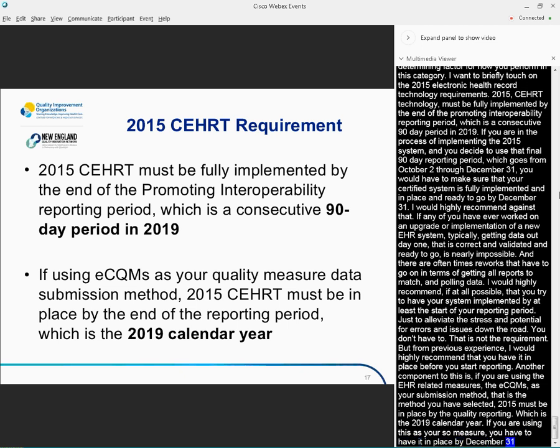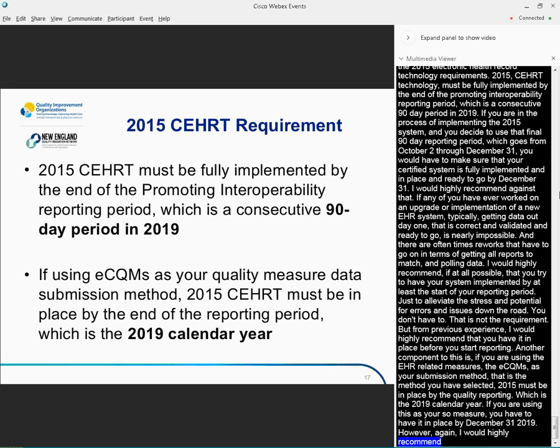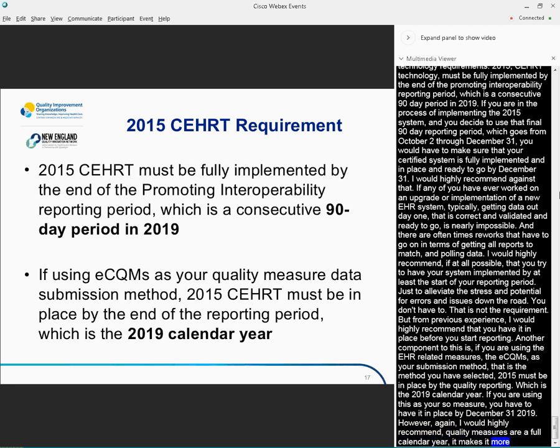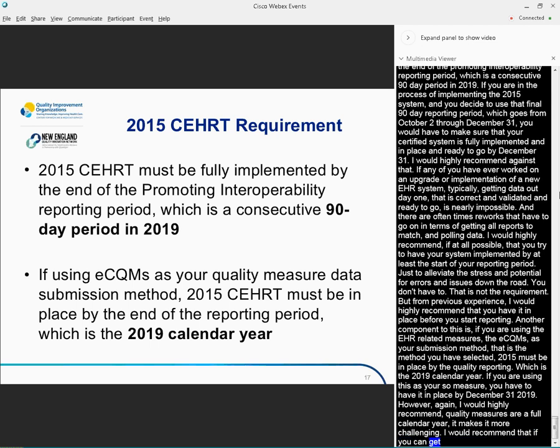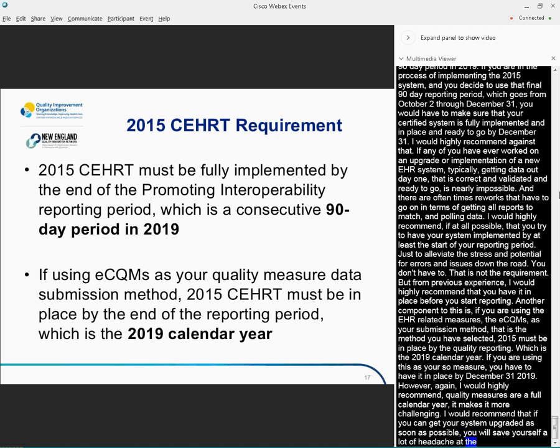However, again, I would highly recommend, now quality measures are a full calendar year, so that makes it a little more challenging, but I would highly recommend that if you can get your system upgraded as soon as possible, you will save yourself a lot of headache at the 11th hour, right, when it goes from 2019 to 2020, trying to get the data reconciled, trying to make sure it's valid and accurate.